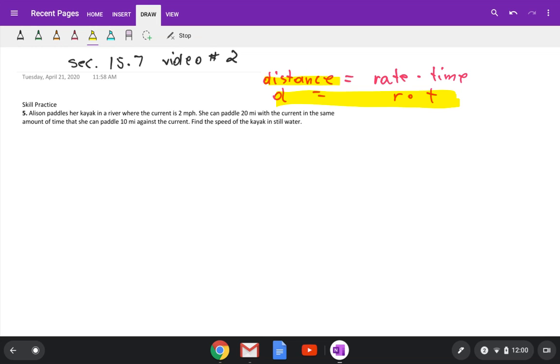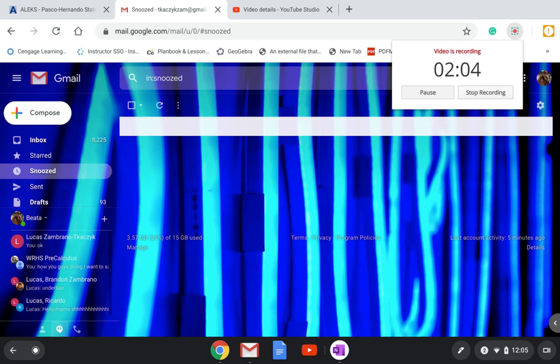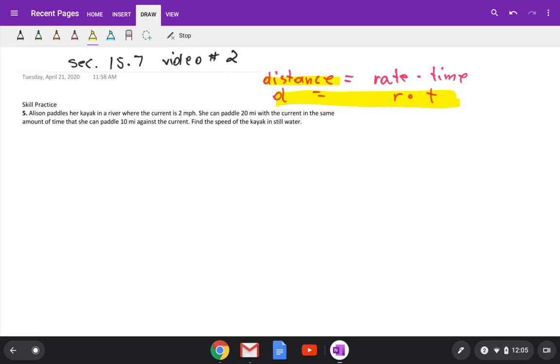Alison paddled her kayak in a river where the current is 2 miles per hour. So let's just list the important information.